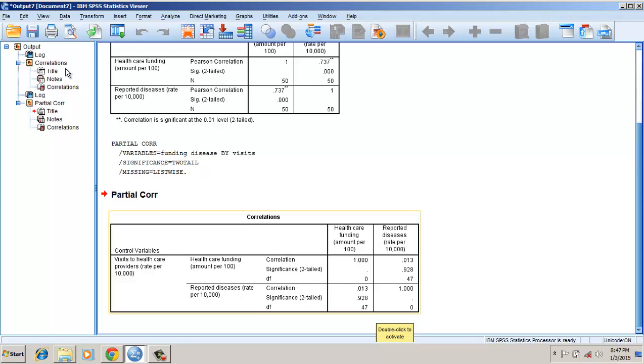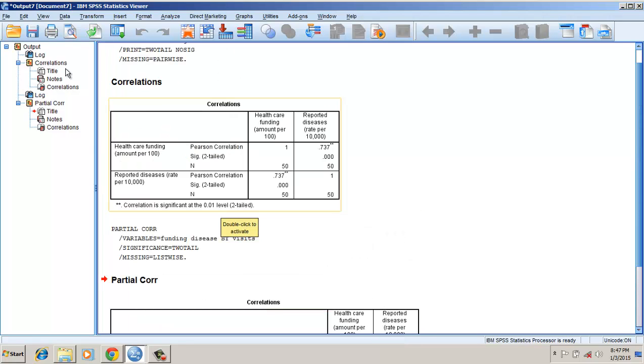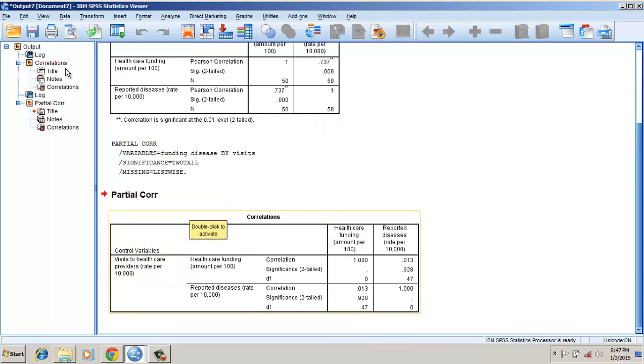That shows that initially the relationship between healthcare funding and reported disease, which appeared highly correlated, was a spurious correlation, and this was due to the visits to healthcare providers.